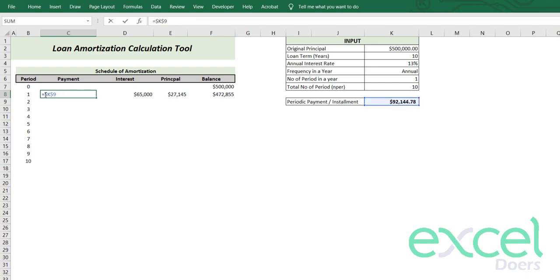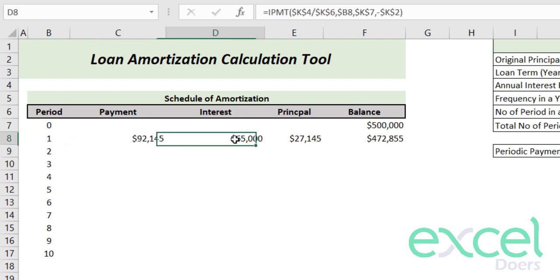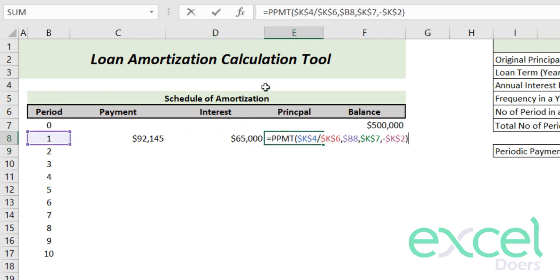In order to improve this one, basically I will say that if this is not equal to blank, then simply use this formula, otherwise blank, right? This one again I will do the same thing. If this is not equal to blank, then do this operation, otherwise make it blank.